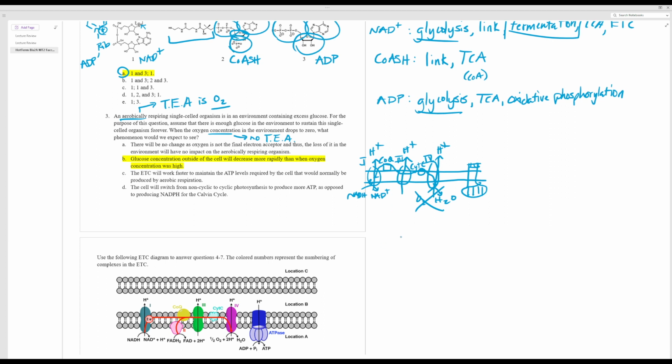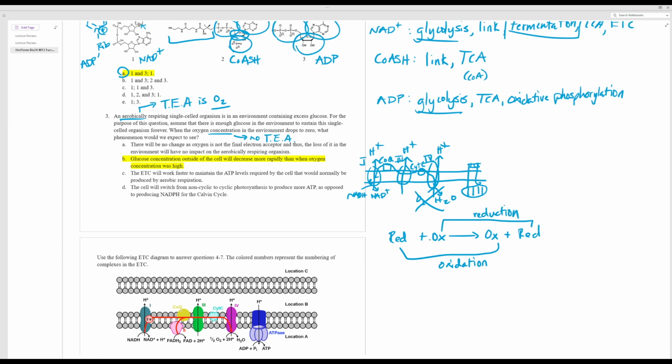Remember, in order for there to be a redox reaction, you have to have something that's reduced plus something that's oxidized. So you need to have both an oxidation reaction and a reduction.